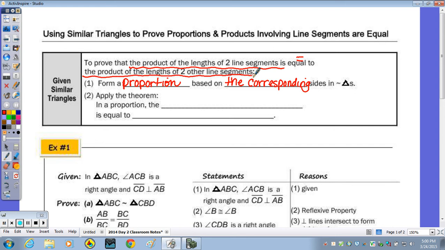And using the vocab, the wording goes like this. In a proportion, the product of the means is equal to the product of the extremes.